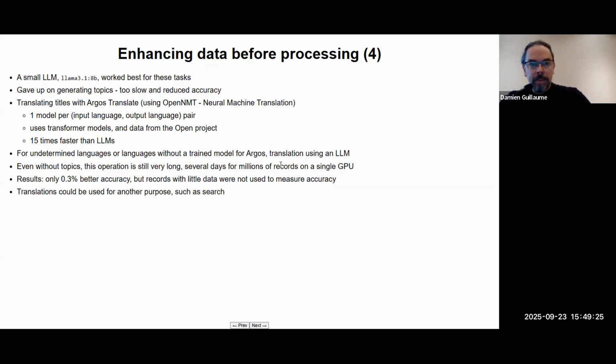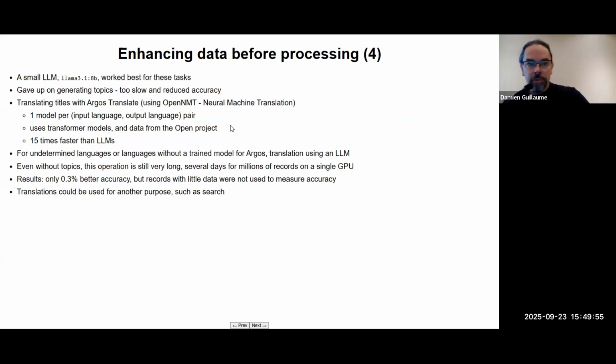Each model for Argos has been trained using transformer models, just like LLMs, but they are actually 15 times faster than LLMs. So it's much better for translations, although it doesn't support all languages.